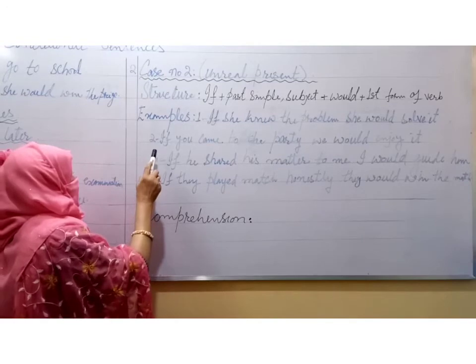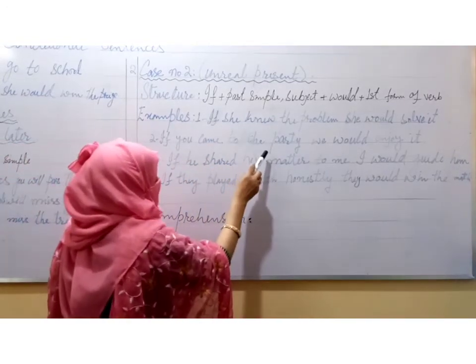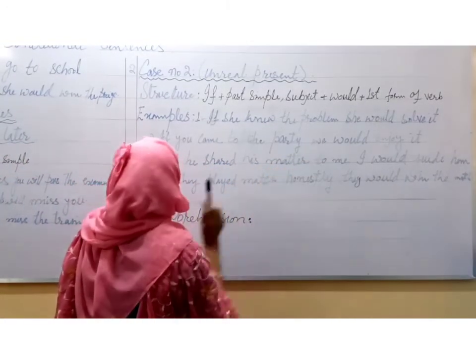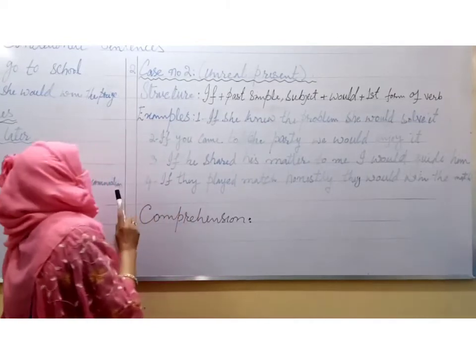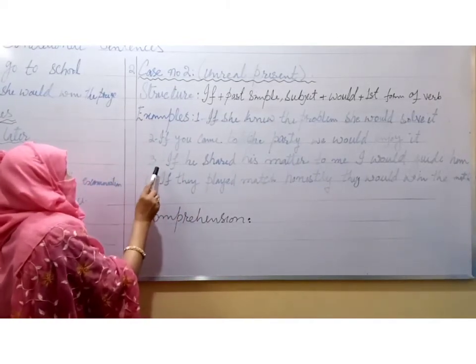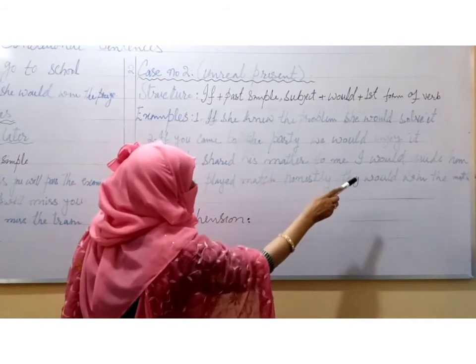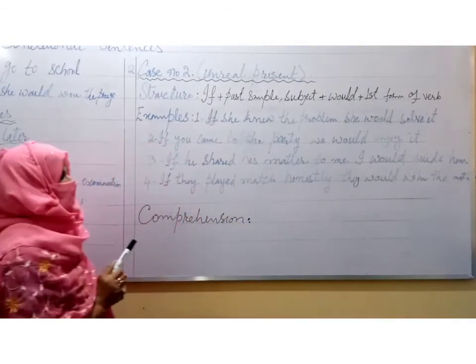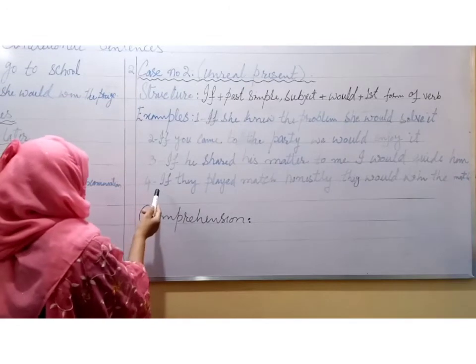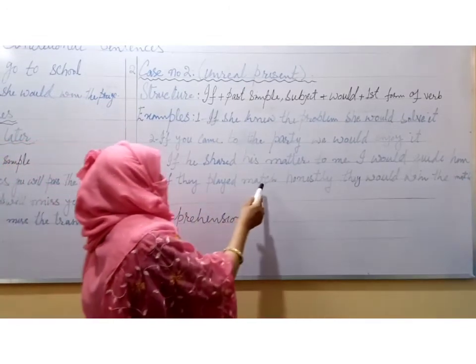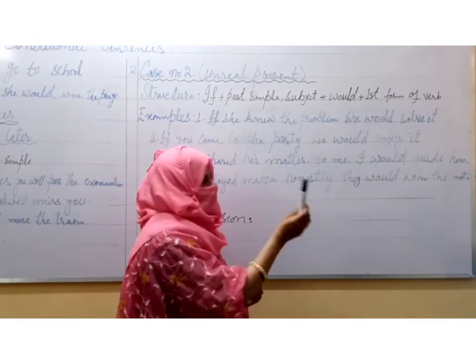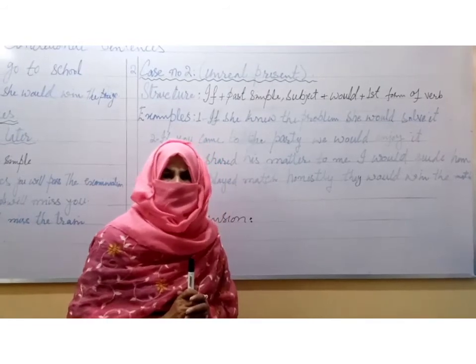Number 2, if you came to the party, we would enjoy it. Number 3, if he shared his matter with me, I would guide him. Next example, if they played the match honestly, they would win the match.